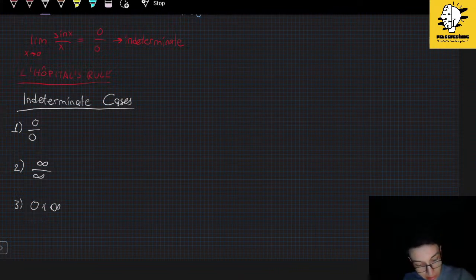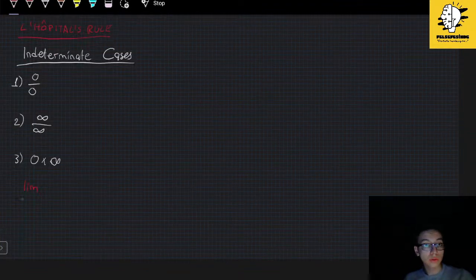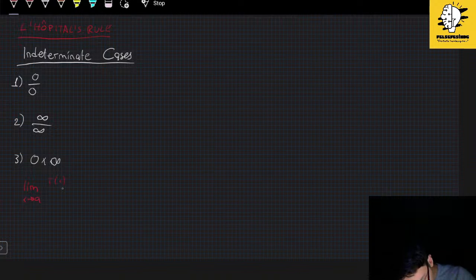So let's say for limit as x goes to a point A, we have a case where f(x) over g(x) is giving us an indeterminate result.